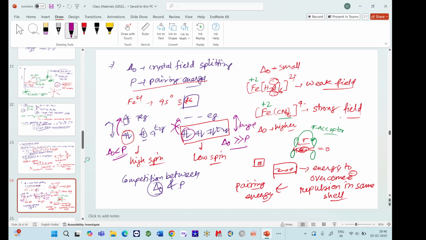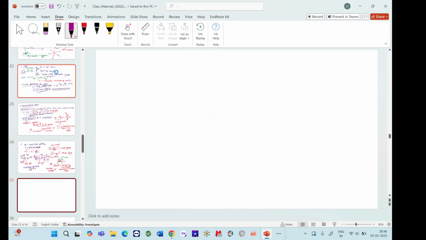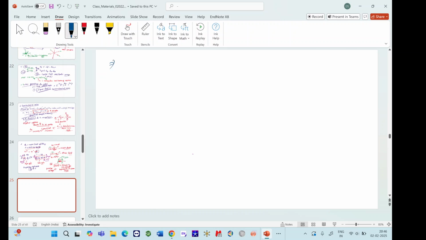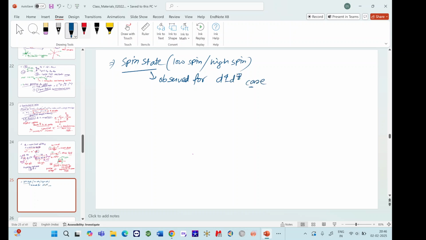Okay. Whatever low spin and high spin, it is called spin state. Okay. Low spin or high spin. This is observed for d4 to d7 case. Okay.